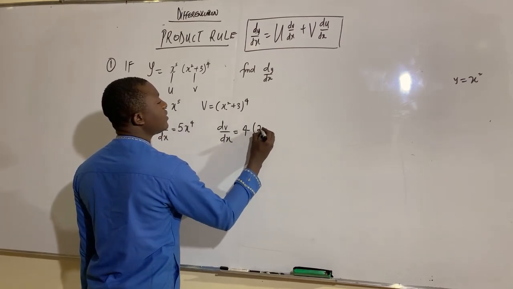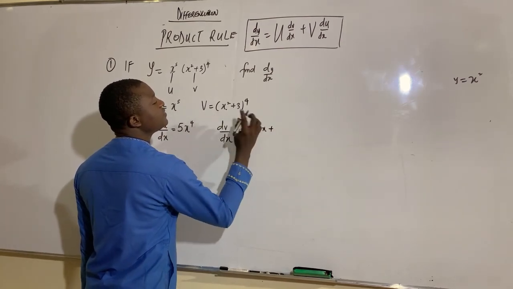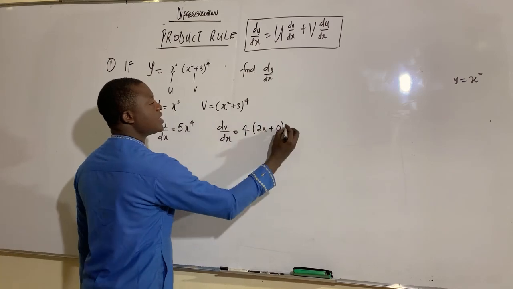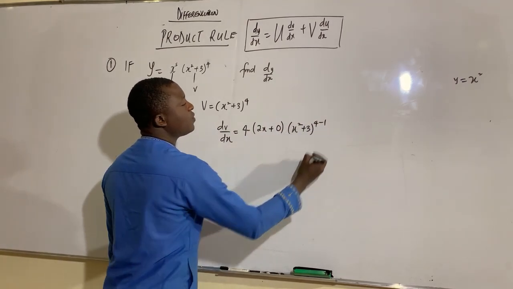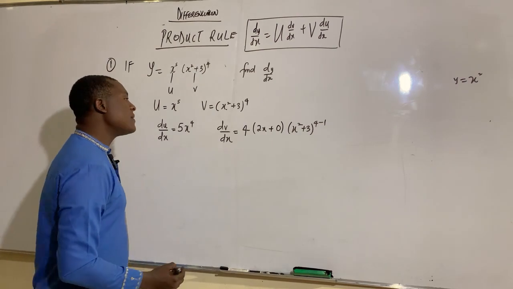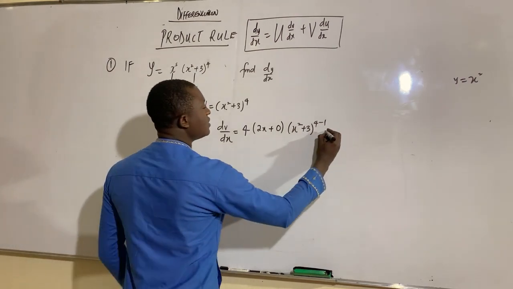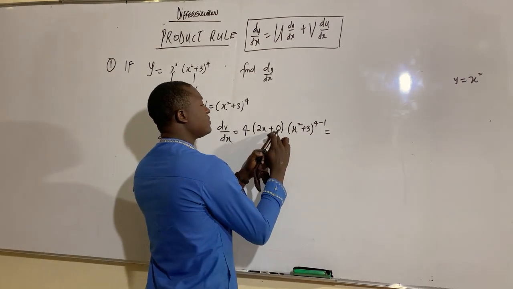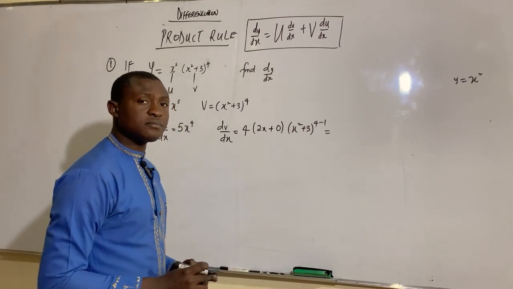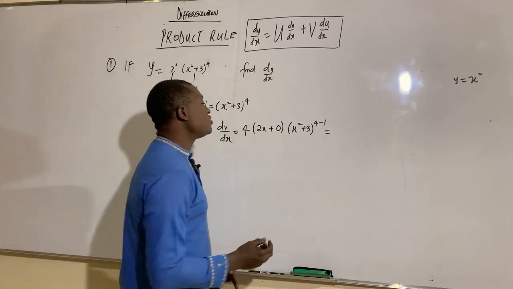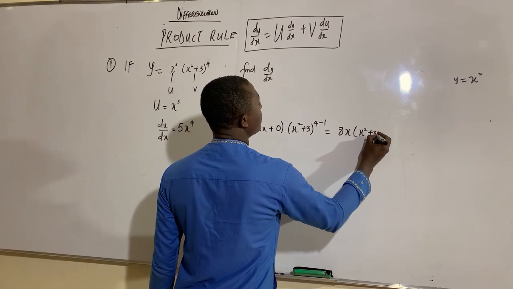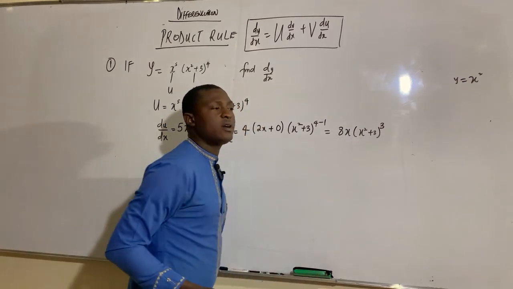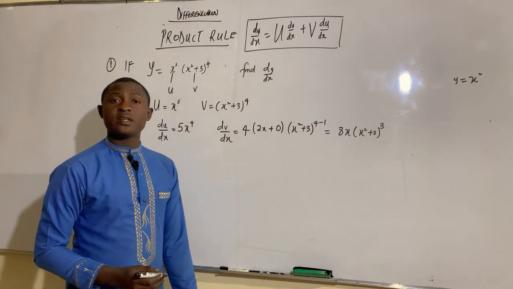Differential of x squared, that one is 2x. Differential of 3 we have 0. Then we write the expression again as (x squared plus 3), then 4 minus 1. So here I can have 2x plus 0. What are we going to have? 2x. So 4 times 2x, we are going to have 8x, then (x squared plus 3) raised to the power of 3. You get that?